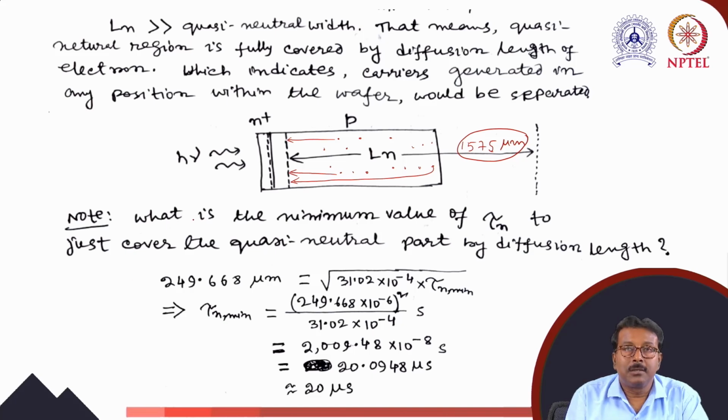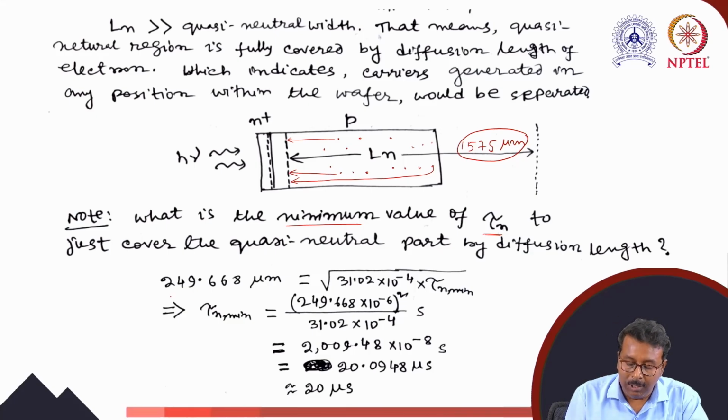Suppose you are asked to calculate what is the minimum value of tau n to just cover the quasi-neutral part by diffusion length. What should be the minimum value of tau n so that the diffusion length will be exactly equal to the quasi-neutral part of the P region?